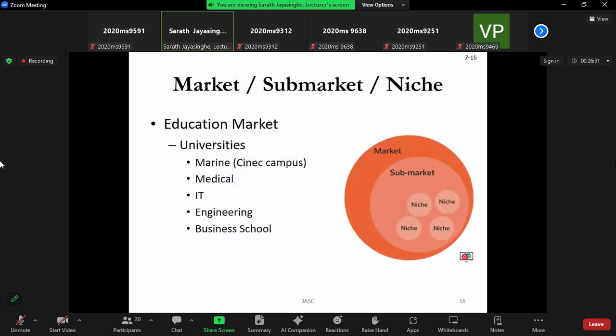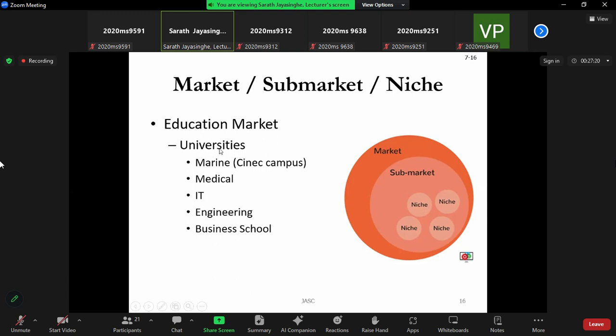You can see the same thing: market, sub-market, niche. Education market, then universities, and under universities you can see niches. A university is a sub-market under the education market, but under universities there are some niches. For example, marine campus, CINEC, medical, IT related, engineering and business school.